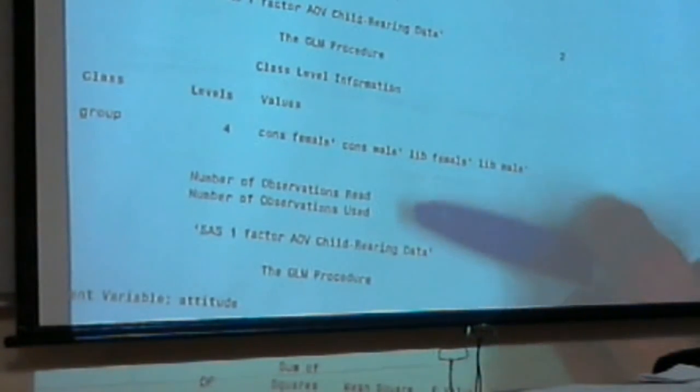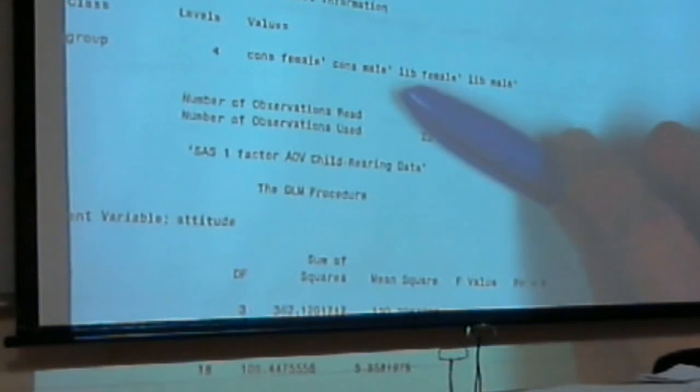Let's see what's here. Well, in the GLM procedure, notice that the values, where am I at here? Right there, are the verbal names for those 4 categories, not the numbers 1, 2, 3, 4. Okay, and that's from my format line in the earlier code.